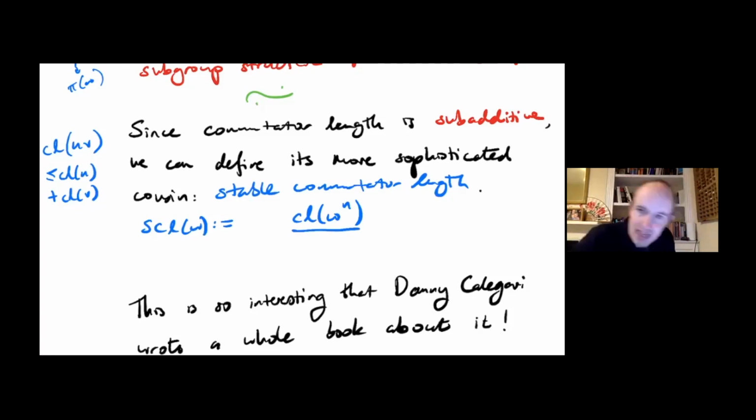And you divide them by n. And because of this subadditivity property that we had over here, this is a non-increasing sequence. And because of that, it has a limit. And that limit is the stable commutator length. Okay. So that's what the stable commutator length is.